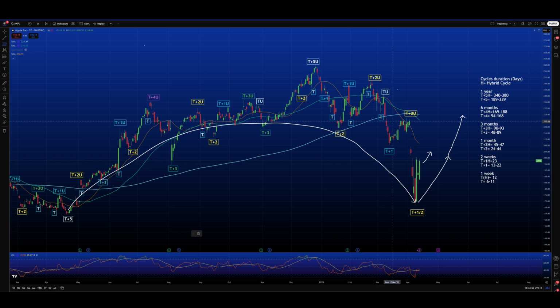And if we want some targets, the next target in focus will be around 204 dollars. Okay, that's for the next weeks.